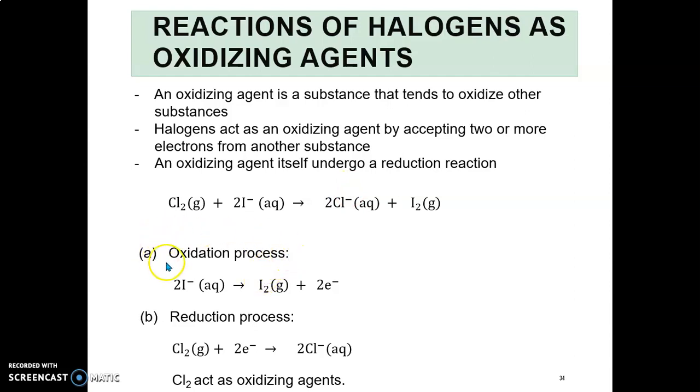For the oxidation half reaction, the iodide ion loses two electrons. For the reduction process, chlorine gas gains two electrons to produce 2 chloride ions. So in this case, chlorine acts as the oxidizing agent.